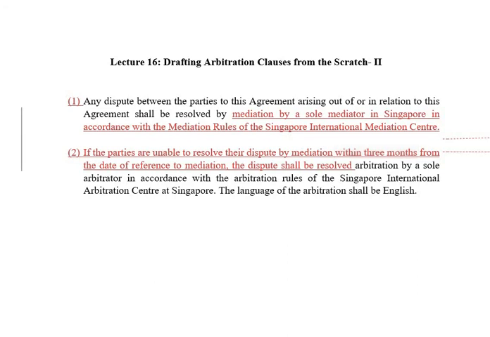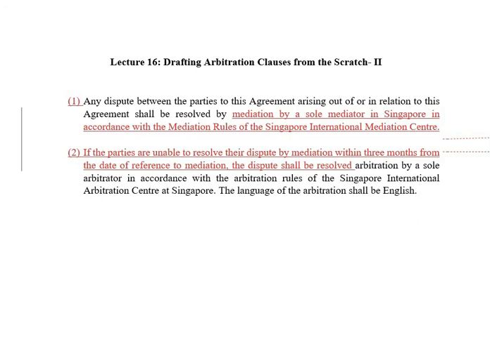There is also one more advantage in having a specific time limit. That time limit or time frame for the first tier would force the parties or at least would push them to resolve their disputes within that definite time frame. Otherwise, resolution of dispute in the first tier will keep getting delayed.